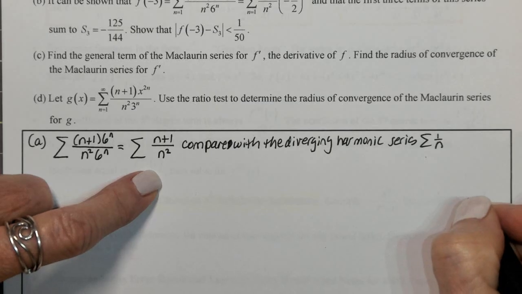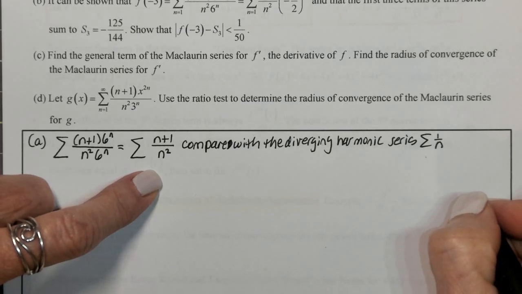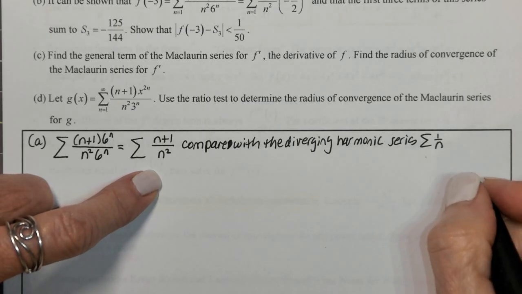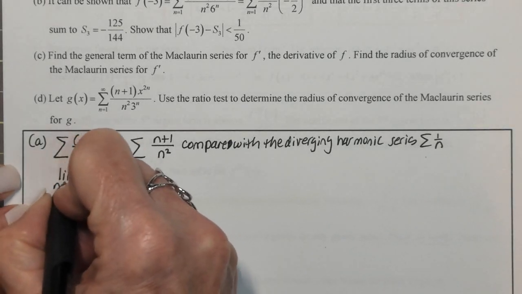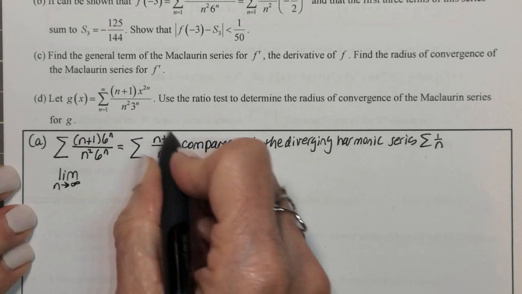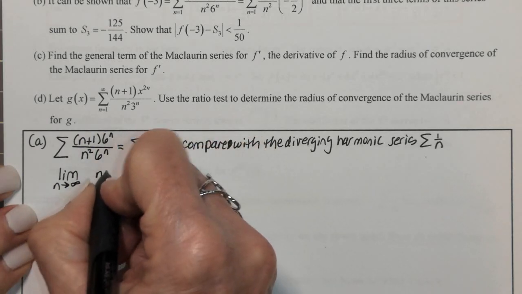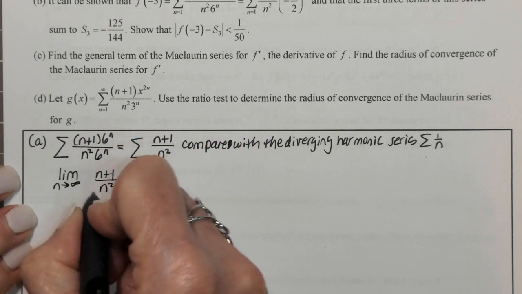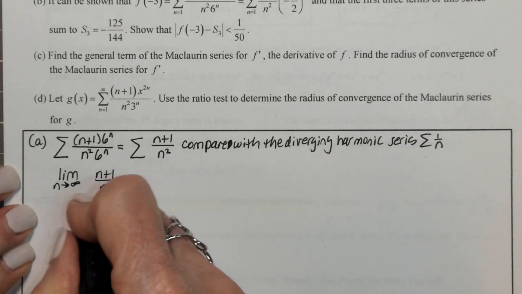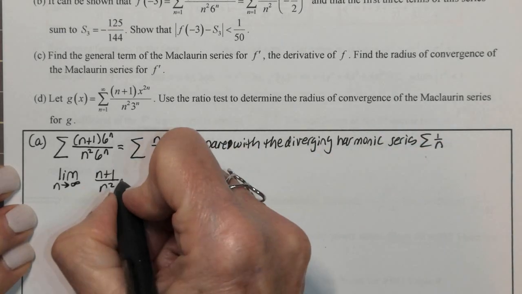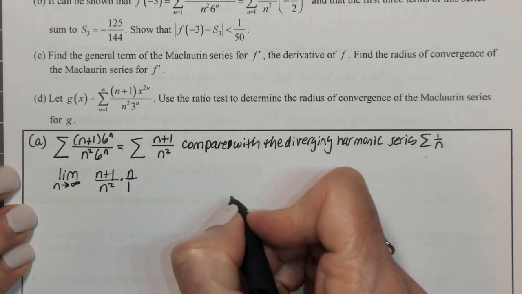And I'm going to use the limit comparison test. So the limit as n goes to infinity of our given series divided by our known series. Dividing by a fraction is the same as multiplying by its reciprocal.